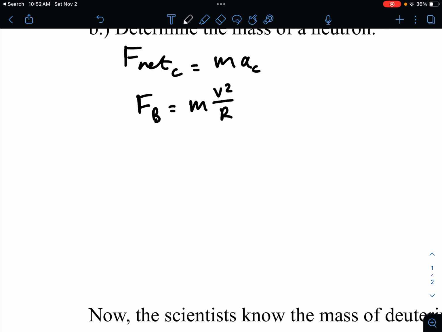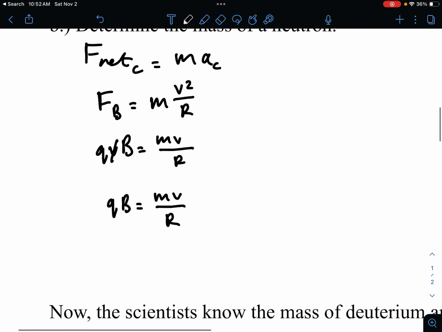So the magnetic force is equal to qvB, and then mv squared over r. One of the v's drops, so I get qB is equal to mv over r.